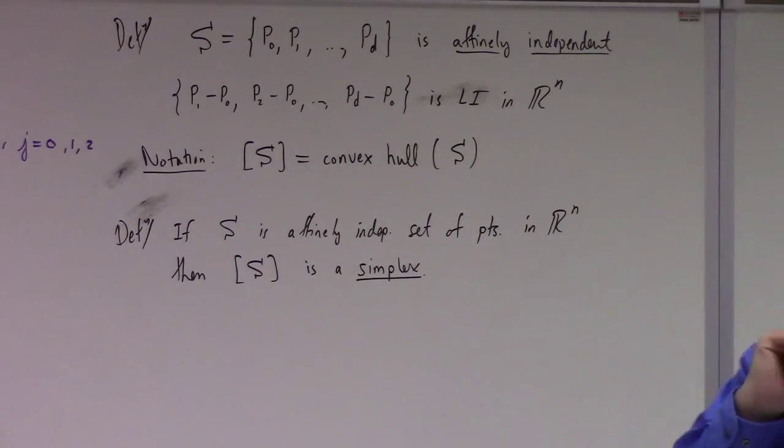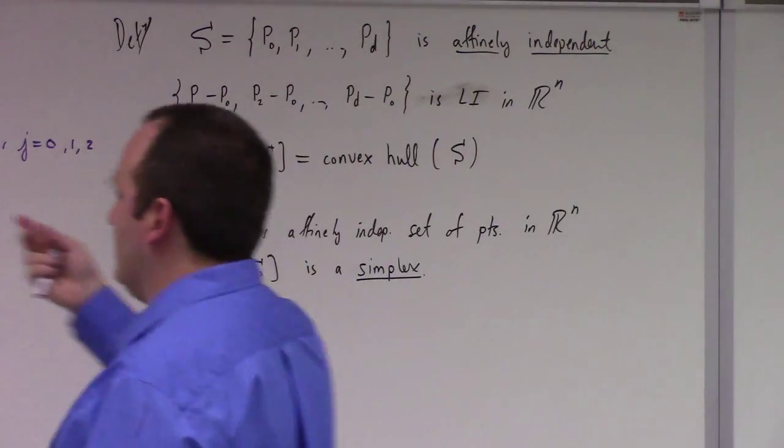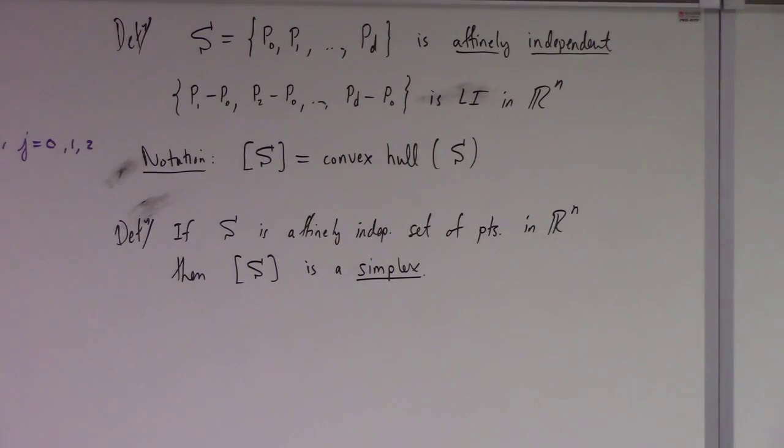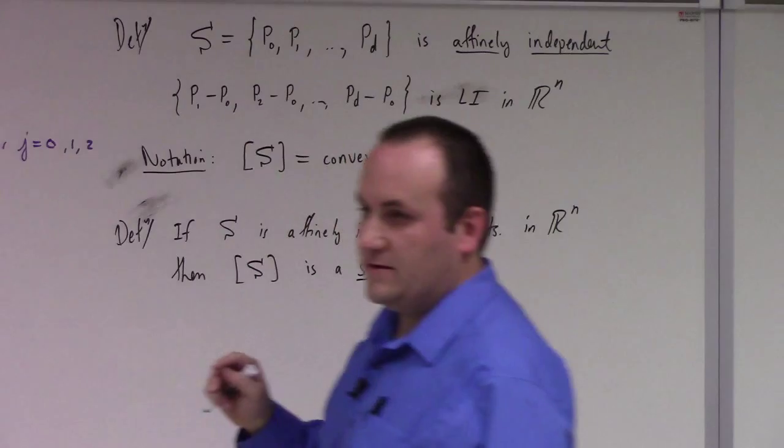P is a simplex. Because you can see that if you look at the line segments that are formed from P2 minus P naught and P1 minus P naught, those are linearly independent. The edge vectors are linearly independent.